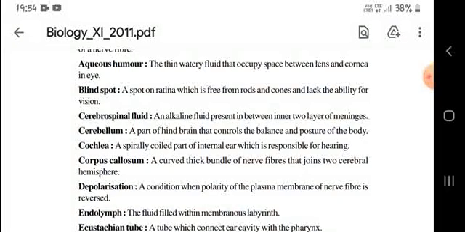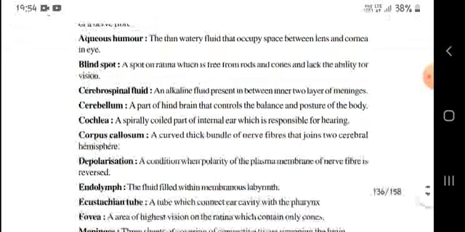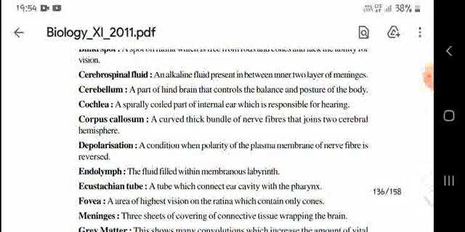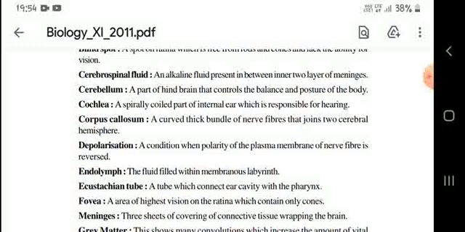Next is cochlea, a spirally coiled part of the internal ear which is responsible for hearing. Next, corpus callosum: a curved thick bundle of nerve fibers that joins the two cerebral hemispheres.